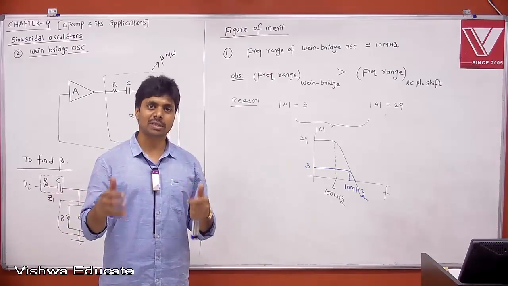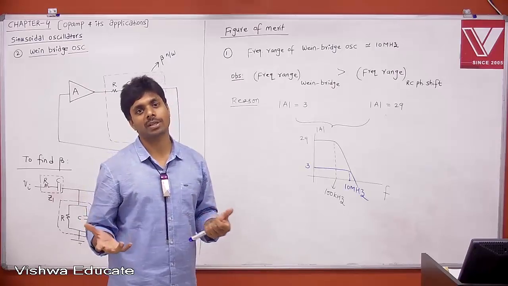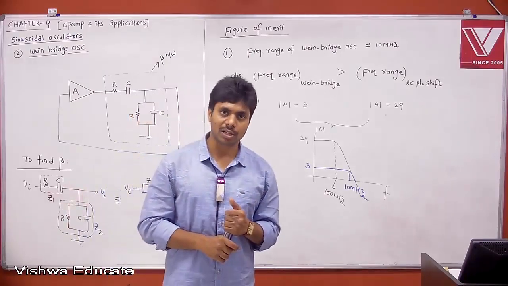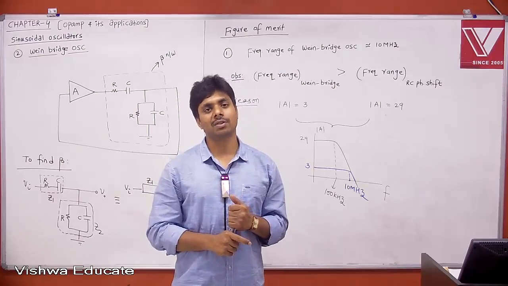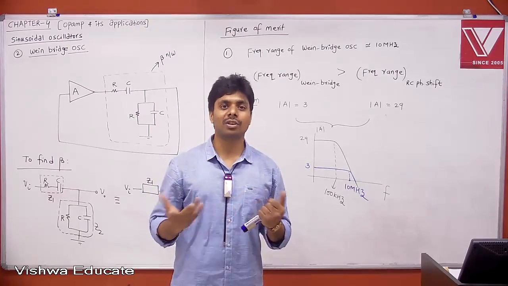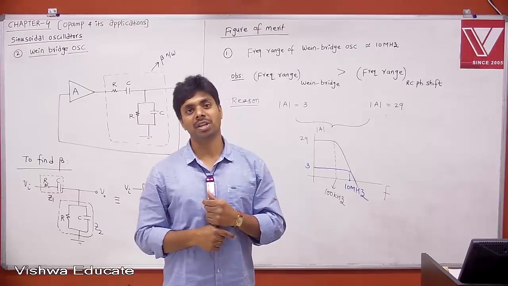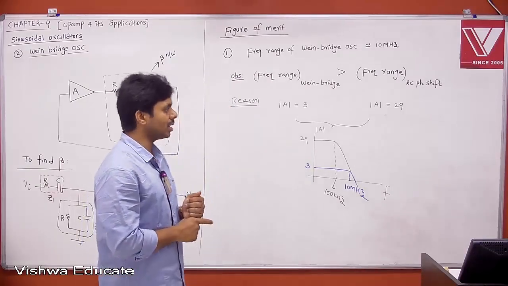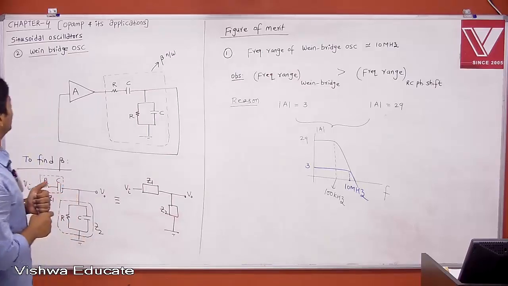Therefore, people incorporated some other component, without disturbing the loop phase shift of 0 degrees, which is nothing but satisfying the Barkhausen criteria, and having 0 resistors. That will give you the best frequency range of oscillations. That is what we are going to see. Maybe I can say case 3.